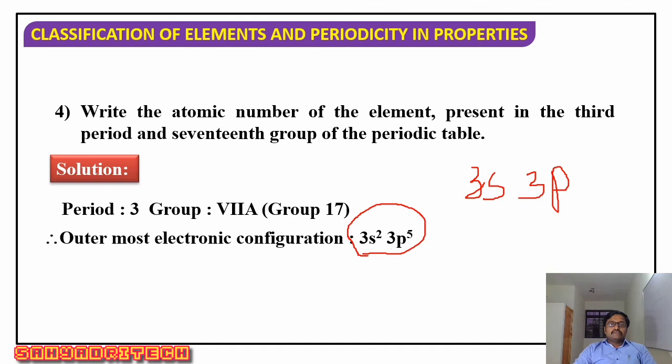For the 17th group in the third shell, the configuration is always 3s2 3p5. If it were the 18th group, it would be 3s2 3p6. So it is the outermost configuration. Here the atomic number for the third period element is 17.